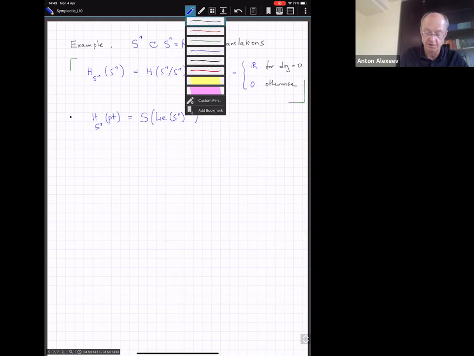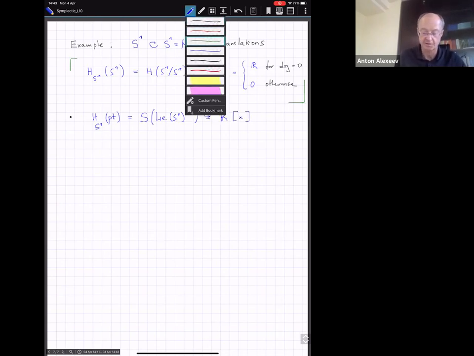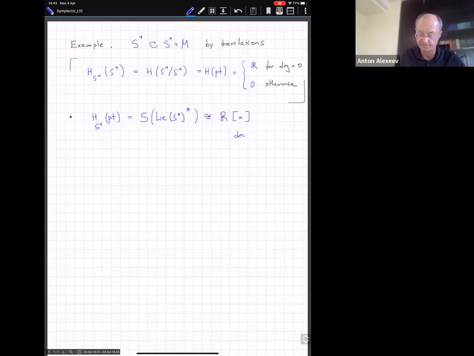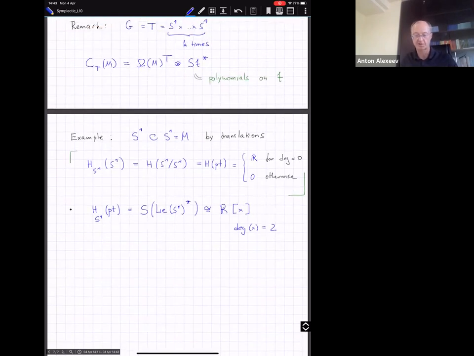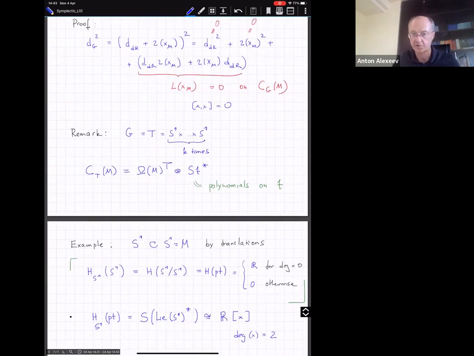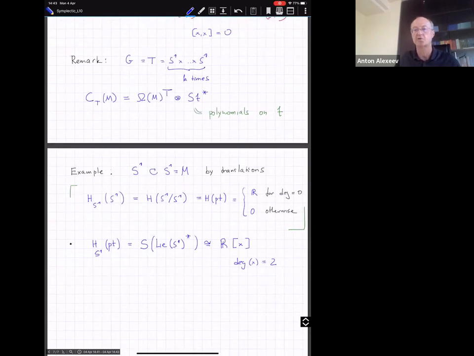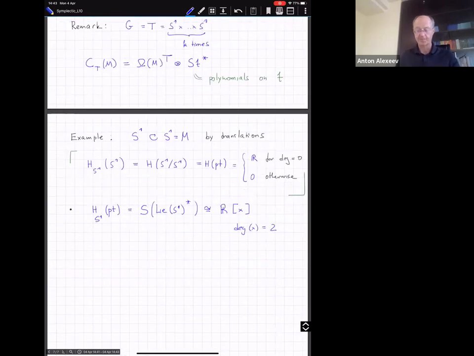This is the same as R polynomials in one variable. Let me call it X, and the degree of X is equal to 2. So here I'm just implementing this story. If there is no M, this Cartan differential is 0, and so we're getting the polynomial algebra that we already encountered in the geometric approach.